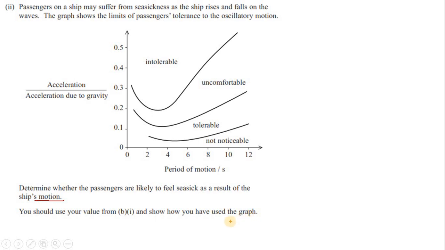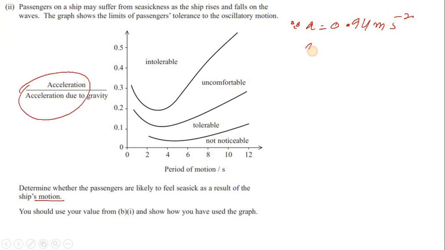We have already found the acceleration in B1: 0.94 meter per second squared.